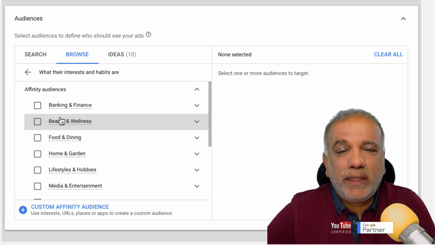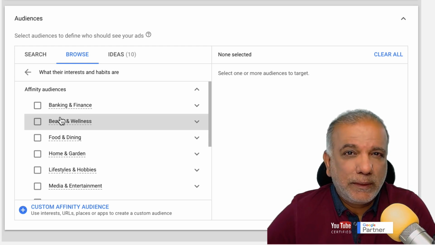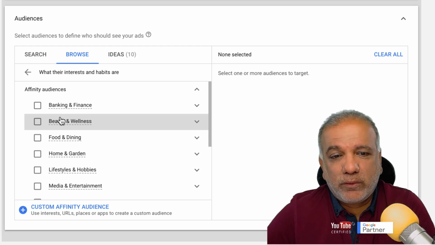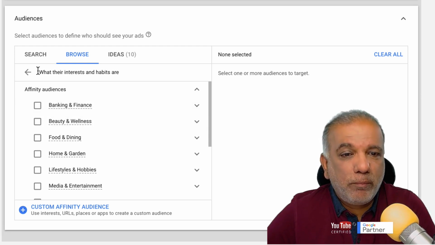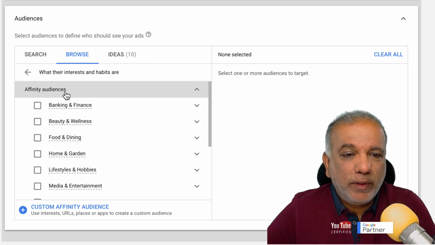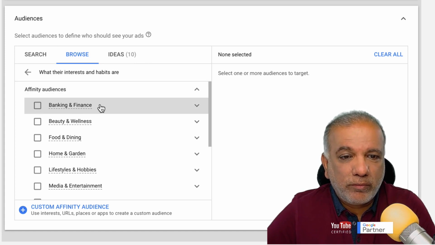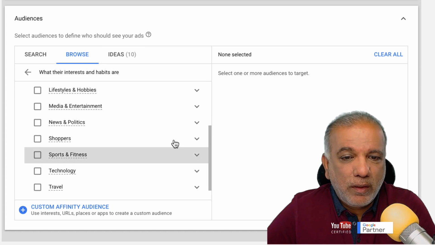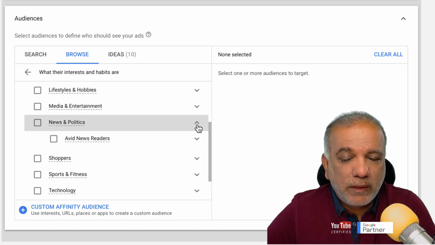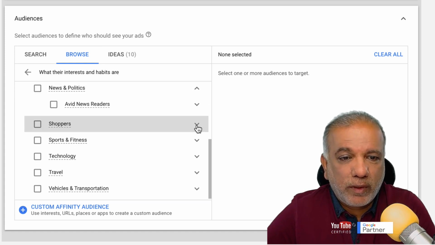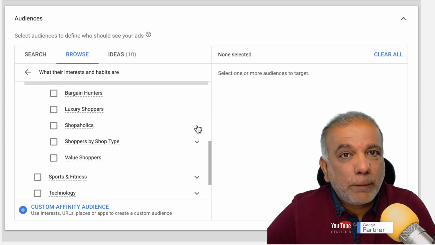So Google will take the surfing or searching history for the last 14 days or so, and they put that audience in that in-market audience. So you can see over here the affinity audiences are, we've got loads of them in here. And then when you open up these drop downs, you will find more subcategories.